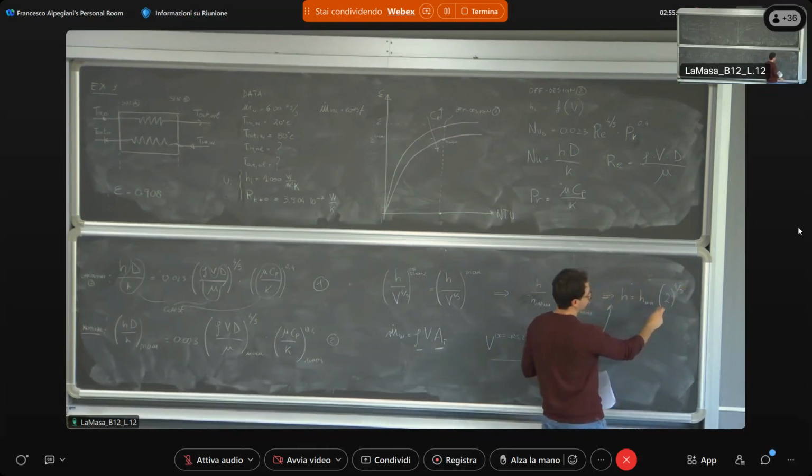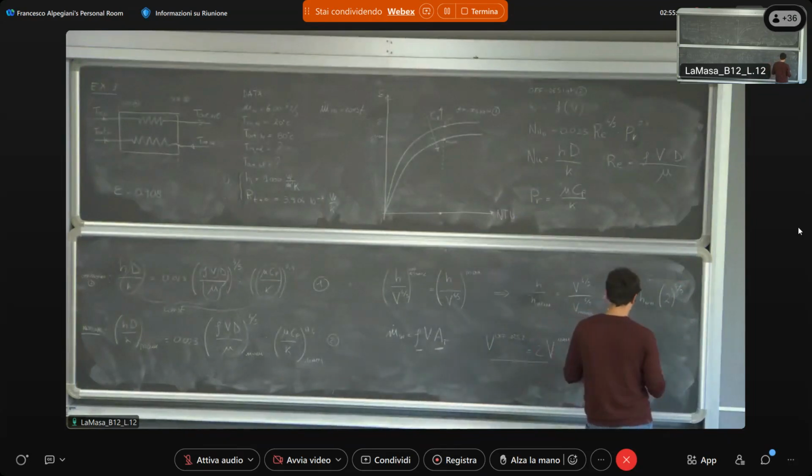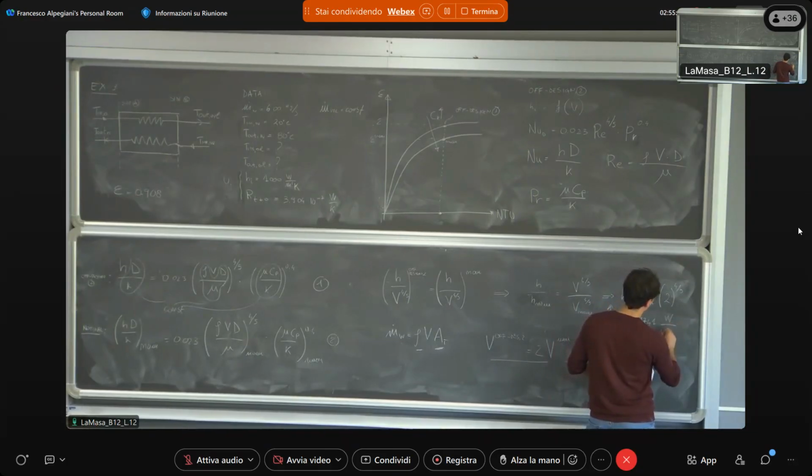This is the ratio between V and V nom. And so we can write that this is equal to 1,741 watt per square meter Kelvin.